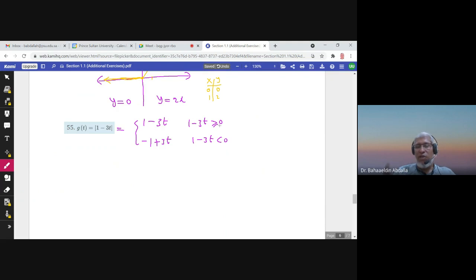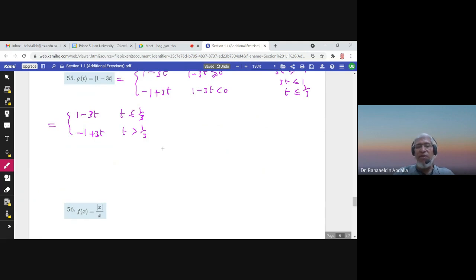If you solve this inequality, you will have negative 3t greater than or equal to negative 1, or 3t is less than 1, or t is less than or equal to 1 over 3. So I can write this again: 1 minus 3t if t is less than or equal to 1 over 3, or negative 1 plus 3t if t is greater than 1 over 3.